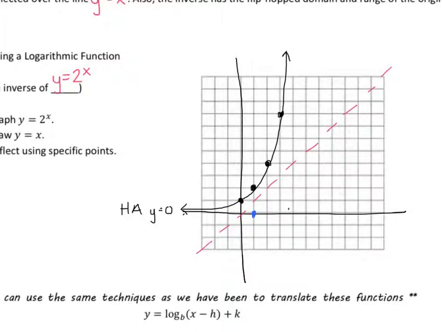Instead of 1, 2, I'm going to do 2, 1. Just reflecting across. Instead of 2, 4, I need 4, 2. Instead of 3, 8, I need 8, 3. So there is my logarithmic base function of log base 2 of x.